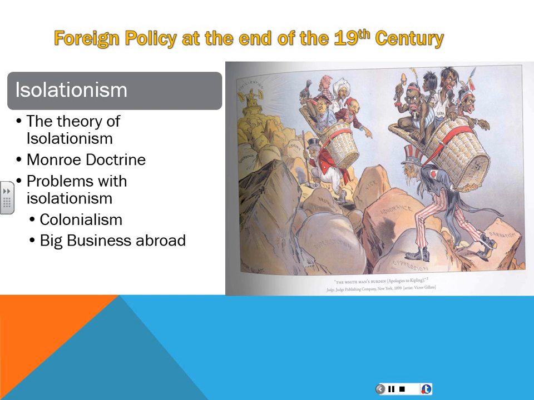Now, that happened under Grover Cleveland's term, and he said, no, that doesn't sound good at all. You guys overthrew the government. No, not going to do it, not interested. McKinley comes in and says, hey, that sounds great.